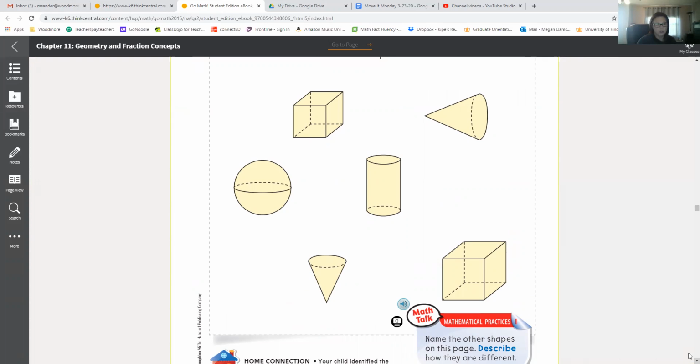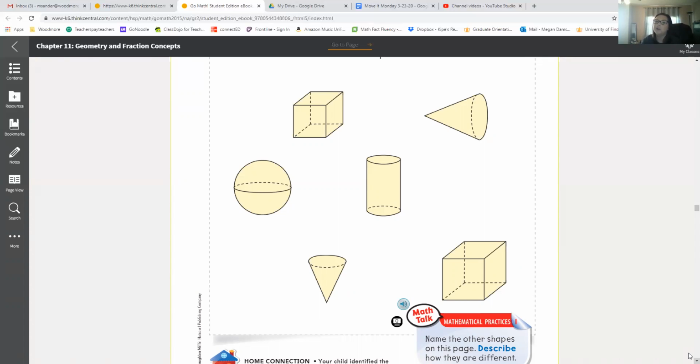That's right, boys and girls. You should have chosen the sphere. So you drew or you described a sphere to your parents. Now, if you want to look at these other shapes, you can describe one of these other shapes to your parents and have them draw it.